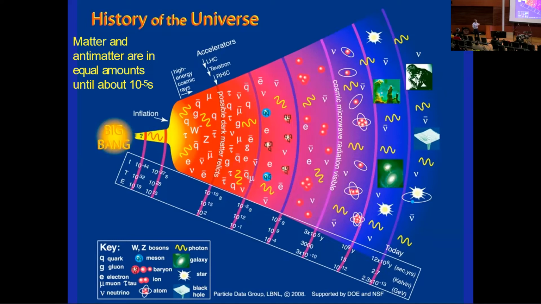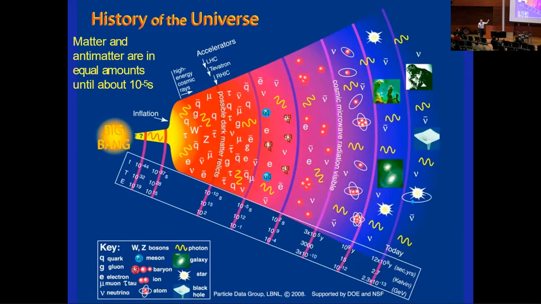What happened is that it produced particles and antiparticles, and when those particles and antiparticles would come together, they would annihilate each other, and they'd turn into energy. That energy would eventually turn back into particles and antiparticles, and this was happily happening in the early universe until about 10 to the minus 5 seconds, which in the time of the early universe was all there ever was in the existence of time. But something happens at 10 to the minus 5 seconds.